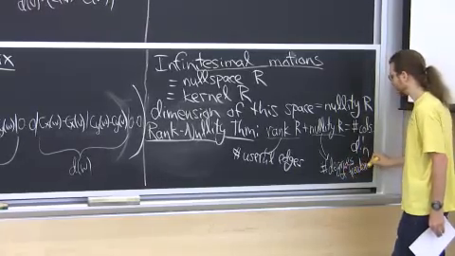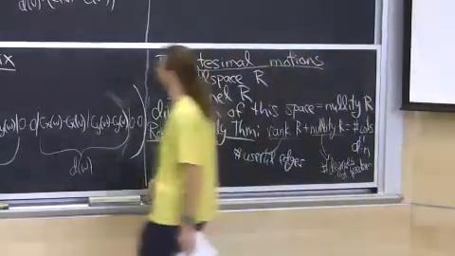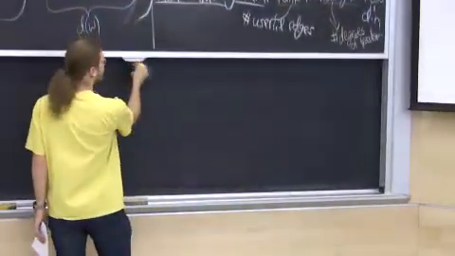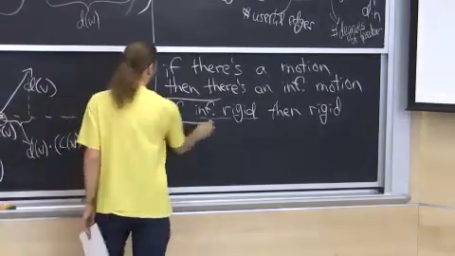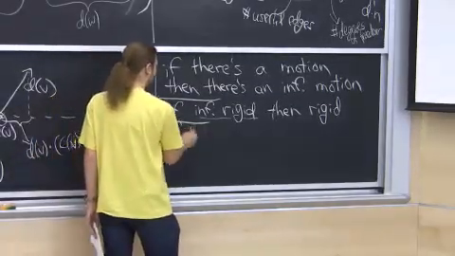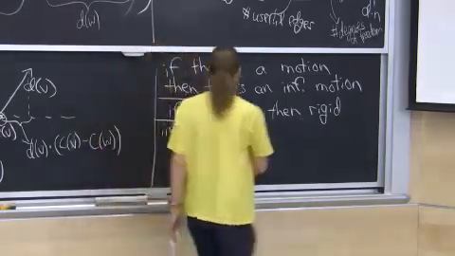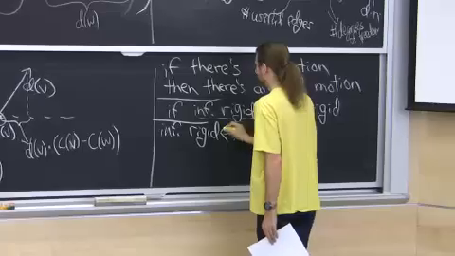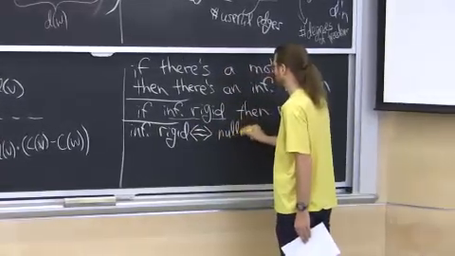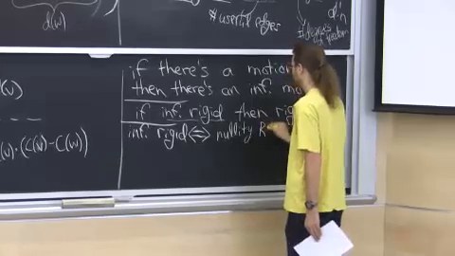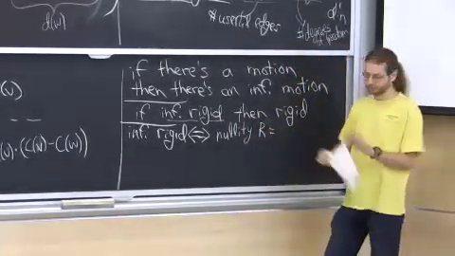So it turns out these will always be equal to d times n in summation. And what we care about, infinitesimal rigidity, means that, or let's say it's infinitesimally rigid if and only if the nullity of the matrix is the space of rigid motions, which I have to look up.